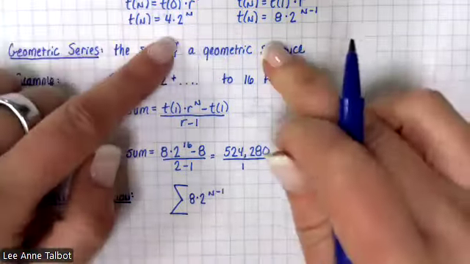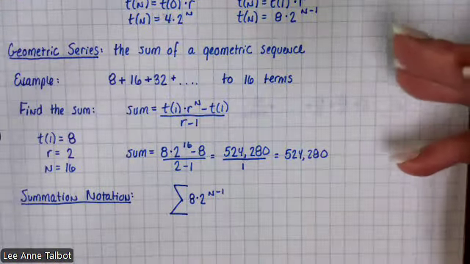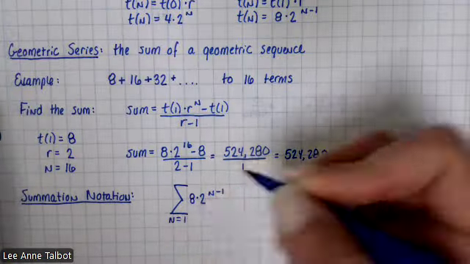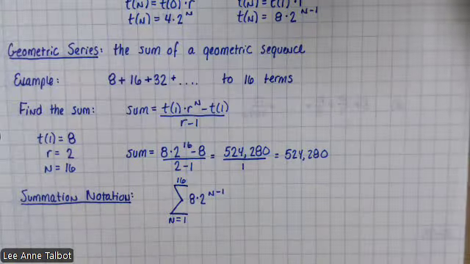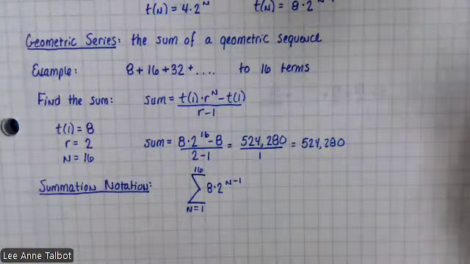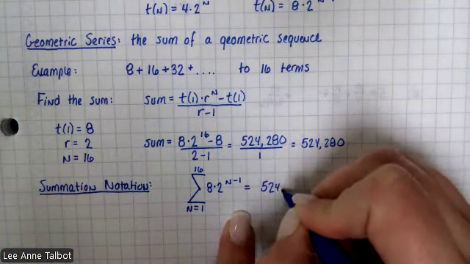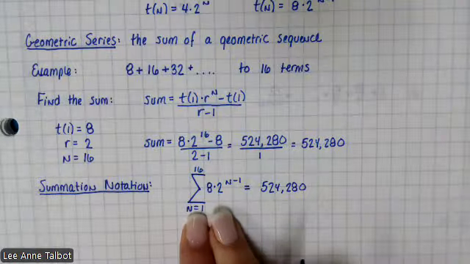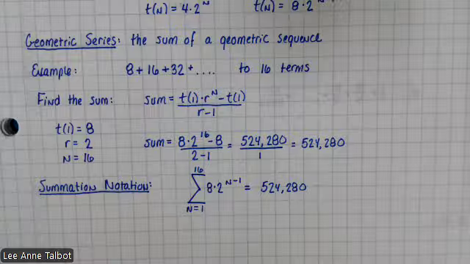You can put the other one if you like that guy better. Either way is totally fine. N equals 1, and then it tells you to stop at 16. And then I'd like you to put equals 524,280, so you can make the connection that this is saying the same thing as that with an answer.